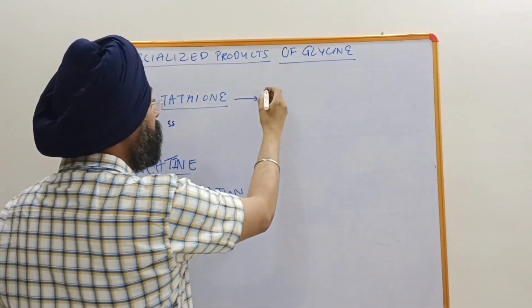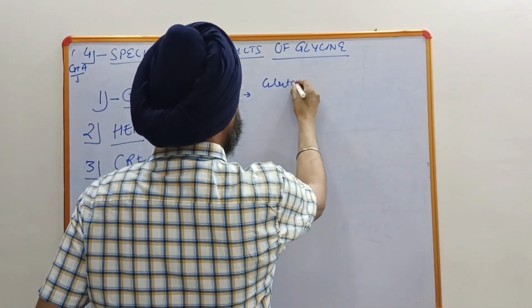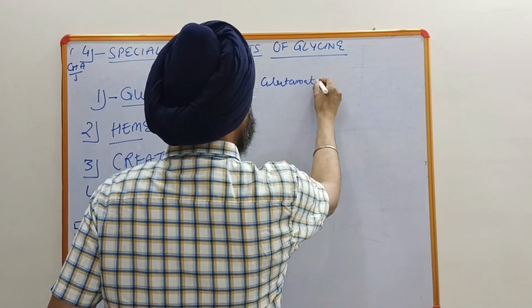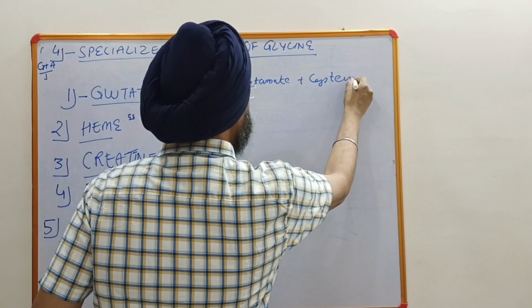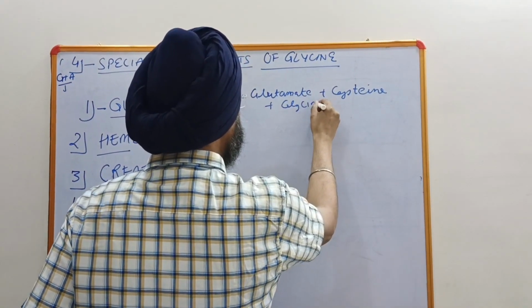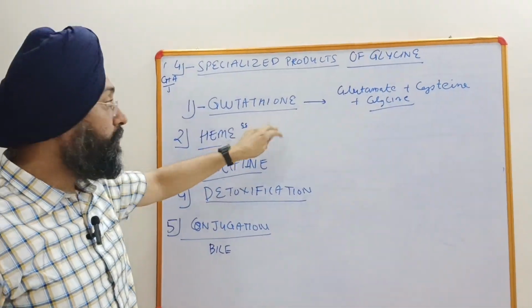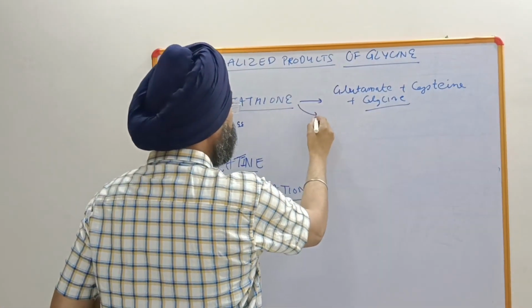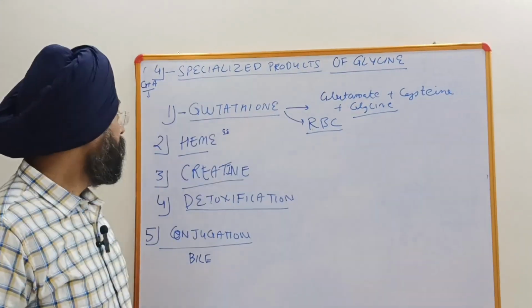It contains glutamate, cysteine, and glycine. So glycine is one of the components of glutathione. It helps in maintaining the RBC membrane integrity.